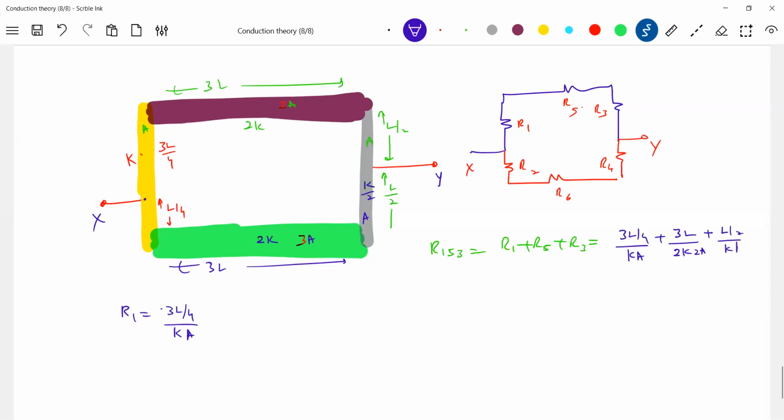L by 2, K by 2, A. So this will become 3L by 4K, 3L by 4K, L by K. So this will be 5 by 2 total. Okay, this is R153. Similarly, R265.